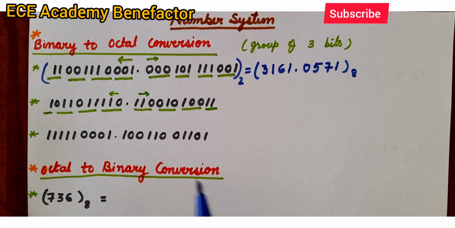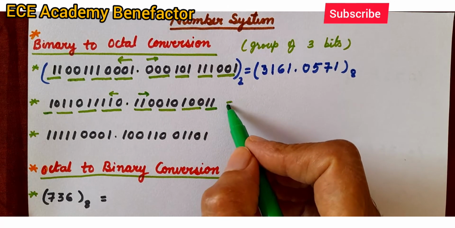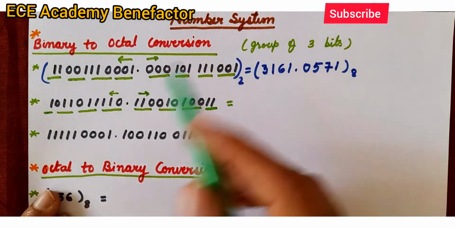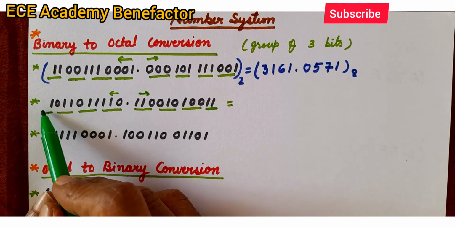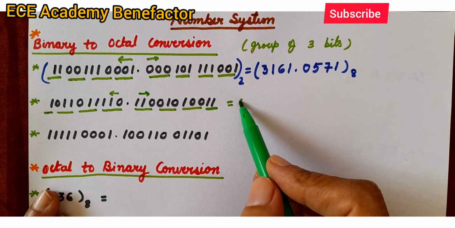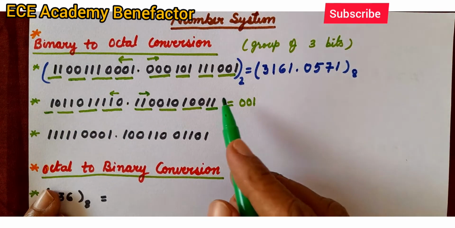You must every time have a group of 3 bits. I am writing one more step for your clarity. It is only a single digit, but we must have a group of 3 bits. To write 001, we can add 2 more zeros before it.